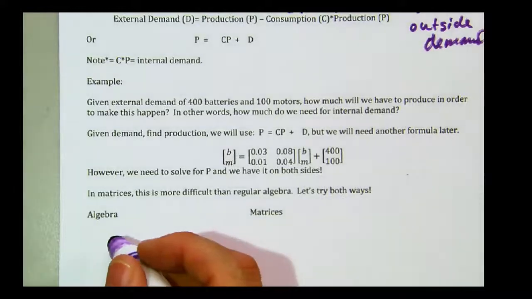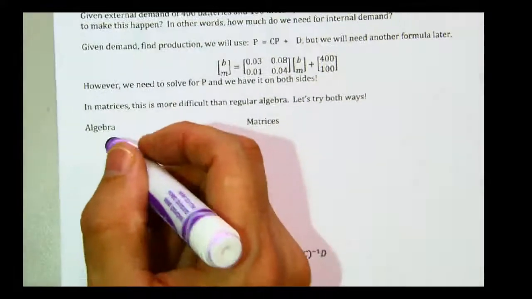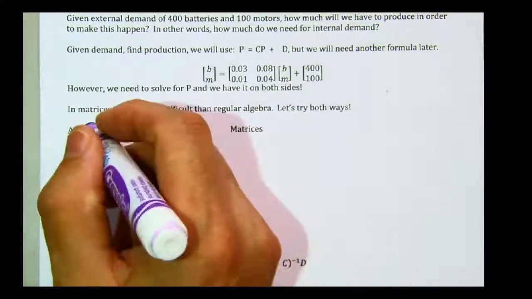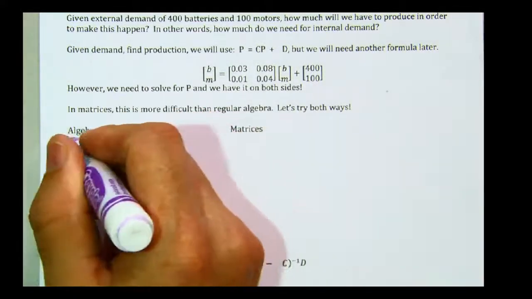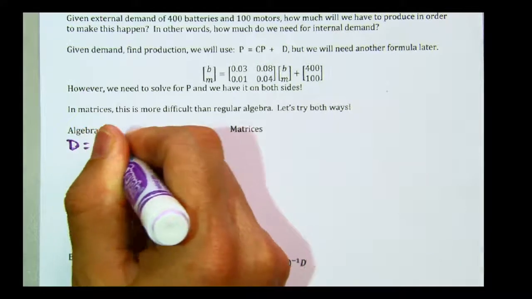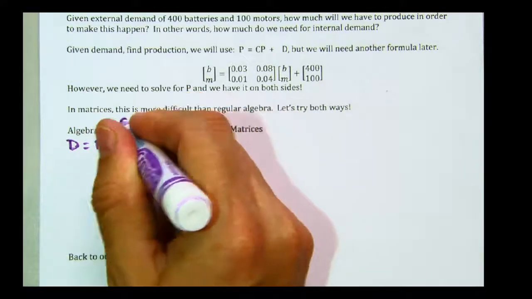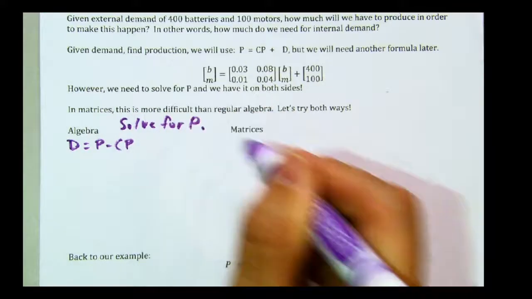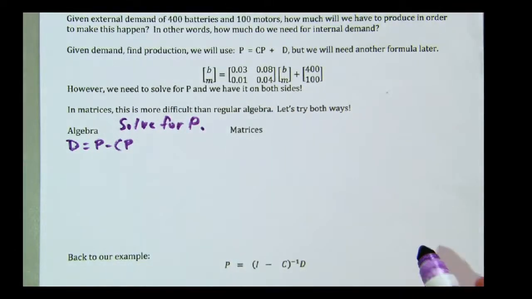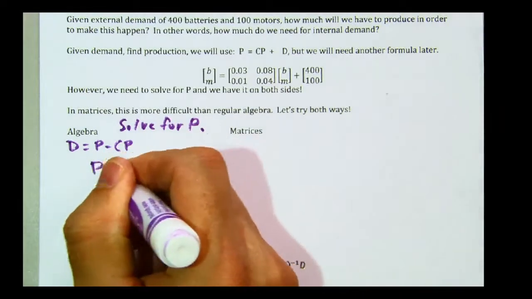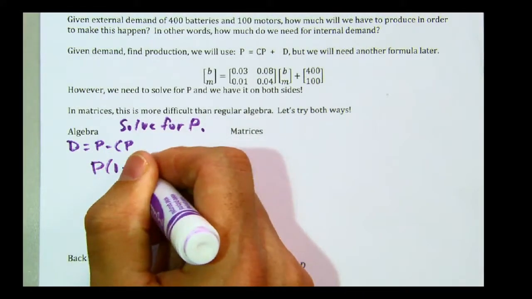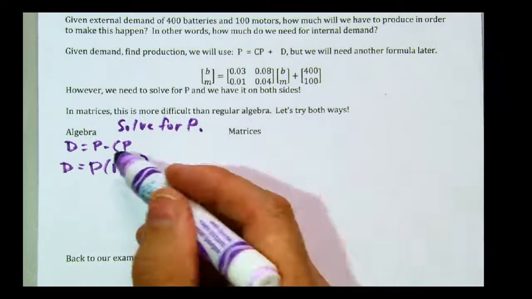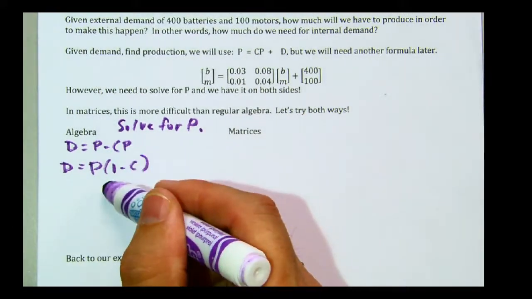So what happens is that algebra and matrices are different in how they work. Algebra is a little bit more straightforward. So if I want to take this and solve for P in algebra, all I would do is factor this out. So I took out the P, isolated it.